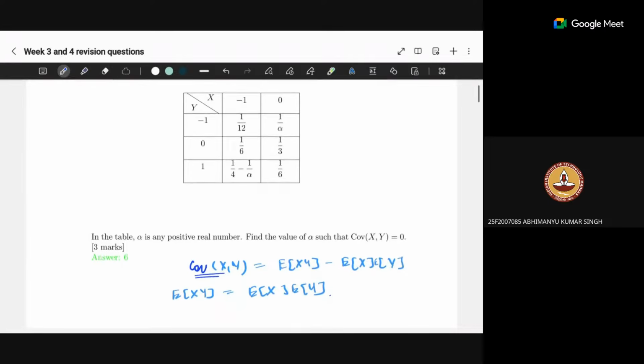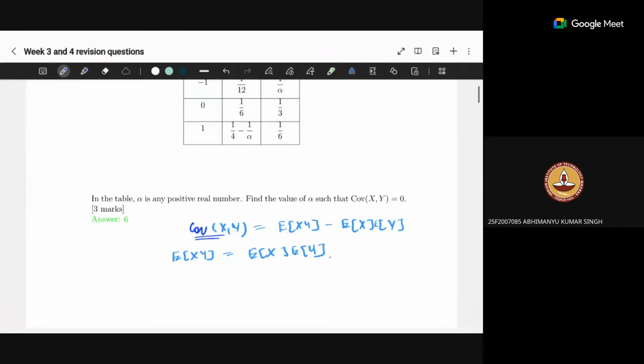Okay, so just tell me the steps. How did you solve this question? Ma'am, first of all, we calculate the PMF, then find the expectation of X. What is the expectation of X? Ma'am, it's half plus 1 by alpha. Sorry? 4 by 12 minus 2 by alpha.